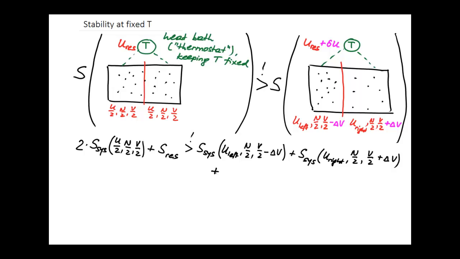Remember the differential of entropy, dS is equal to k beta dU.